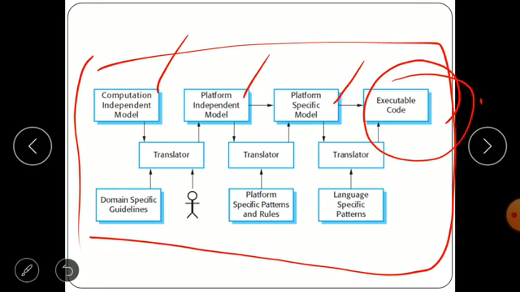This figure shows the final level of automatic transformation: a transformation is applied to the PSM, the platform specific model, to generate executable code that runs on the designated software platform.